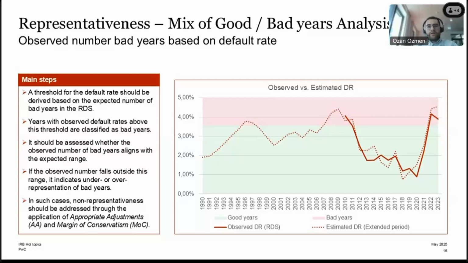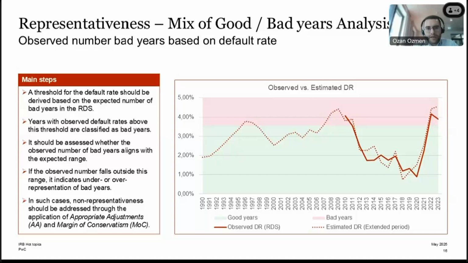Indeed, if it's overrepresented or underrepresented, we should have some follow-up actions, usually an appropriate adjustment and MoC. Very generic, but the appropriate adjustment changes depending on the situation, depending on whether we have underestimation or overestimation. But MoC is always there to eliminate any kind of bias.